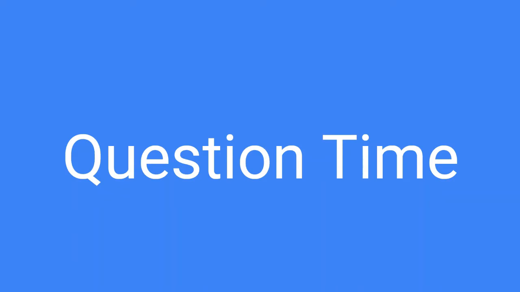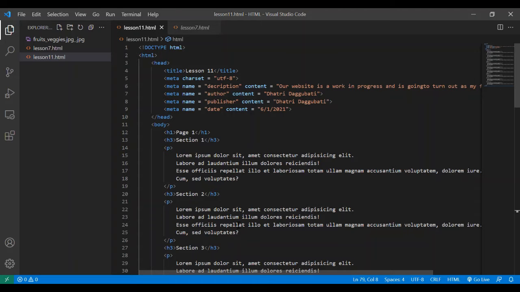Before we go on to question time, I'm going to be explaining how to use the section and article tags. You might be confused because they're exactly like div and span, but they're a little bit different. Let me explain. As you can see, I made another HTML file, which is not our normal one.